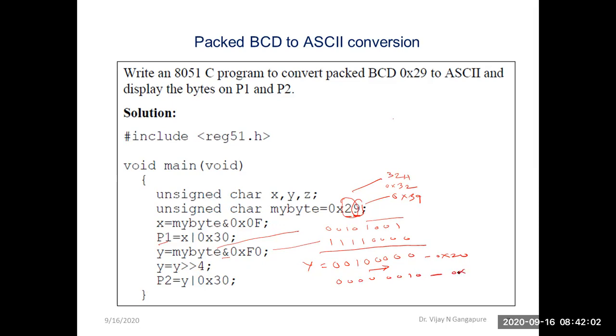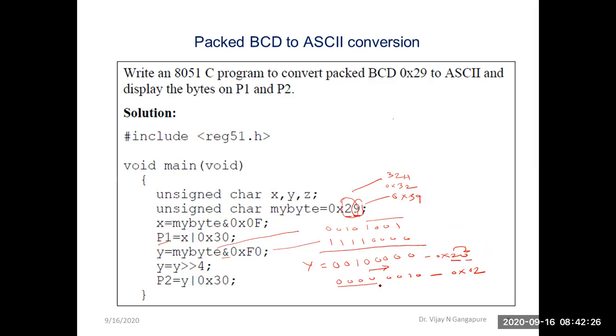That is, I will get 0x02, which means I have just shifted this to the lower nibble, and the upper nibble will get filled with 0 0 0 0. I am moving this from the upper nibble to the lower nibble so that I can convert this number 2 to its ASCII code.